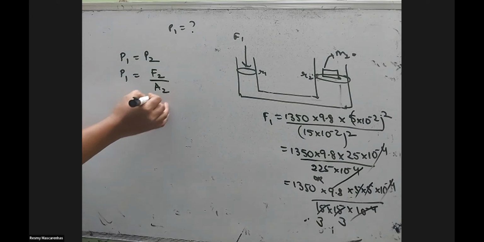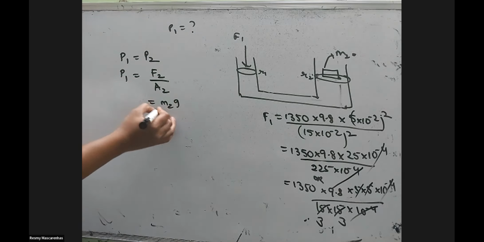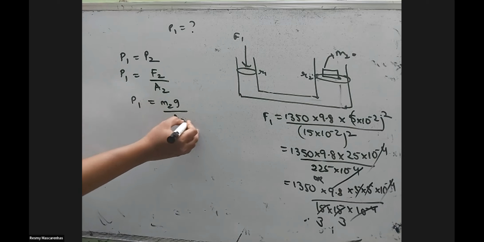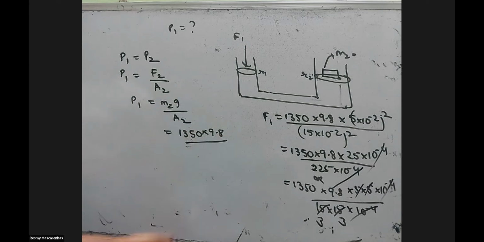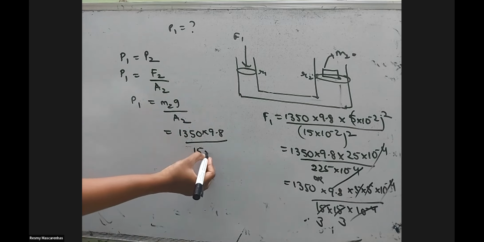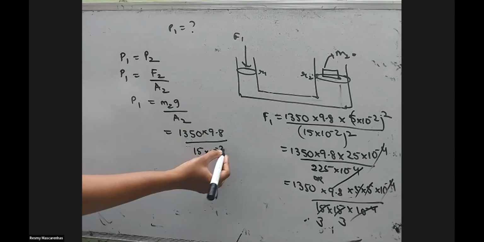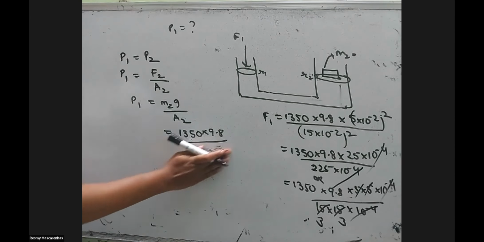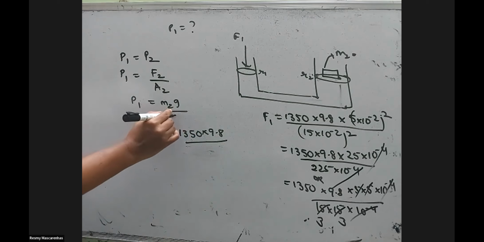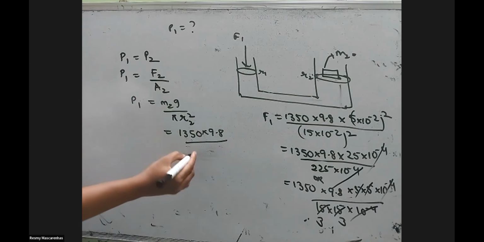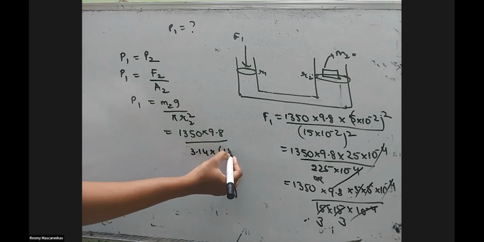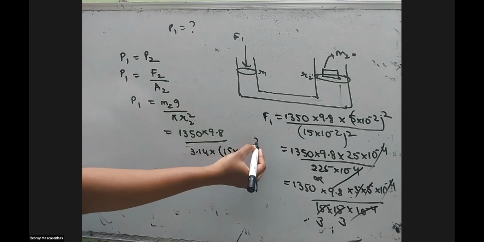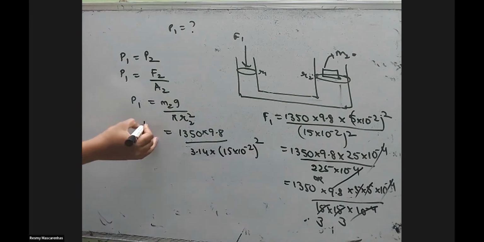F2 upon A2, which is M2. Area would be pi r square. So 3.14 into r would be 15 into 10 raised to minus 2 the whole square. So this is pressure.